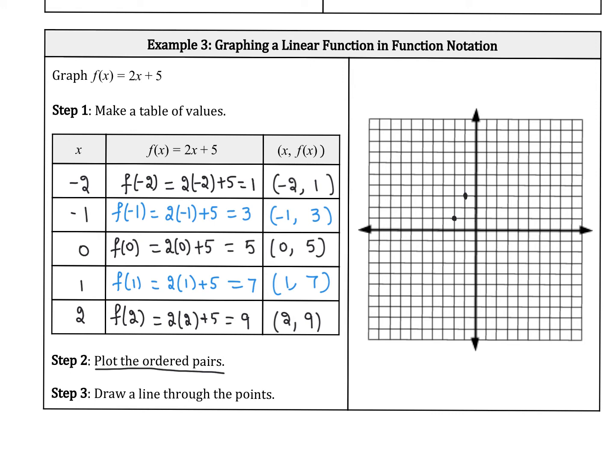So 1, 2, 3, 4, 5. 1, 7. 1, 2, 3, 4, 5, 6, and 7. And then next is 2, 9. When you combine these, you're going to get a line graph.